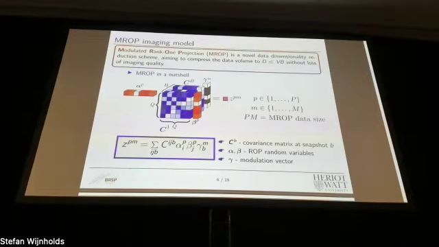Sorry. I forgot to mention the number of projections can be chosen and is capital P, and the number of modulations is capital M here.